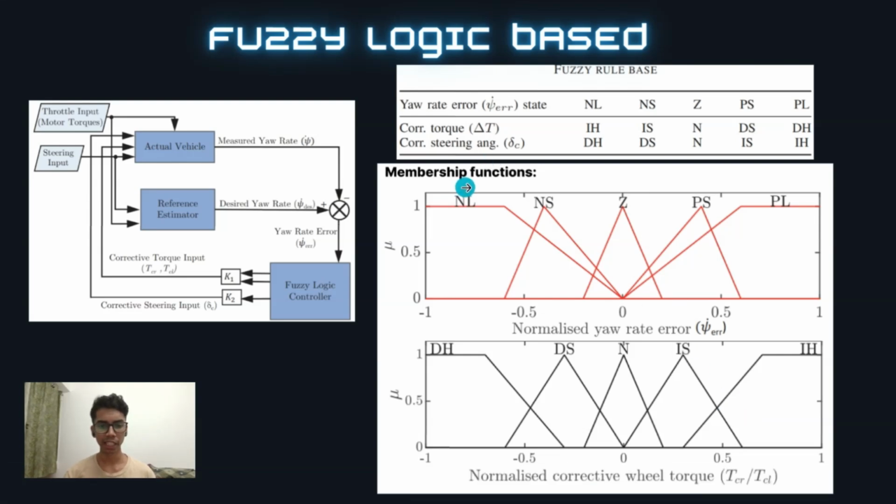Now there is no guarantee that this solution is mathematically optimal, but it is a good way to model the nonlinearities. Another drawback is that as the number of inputs increases, the rule base may increase exponentially.